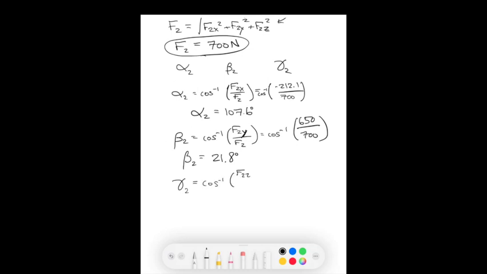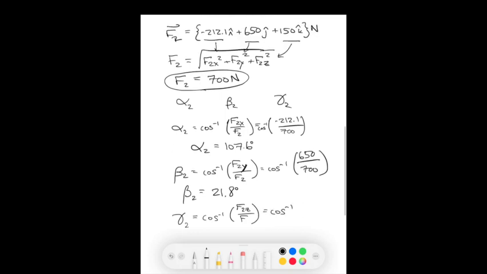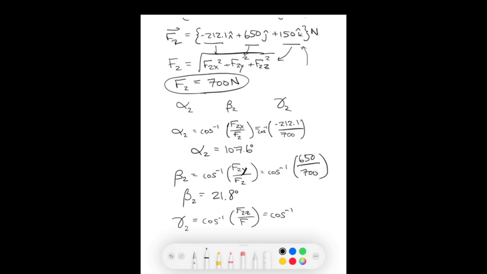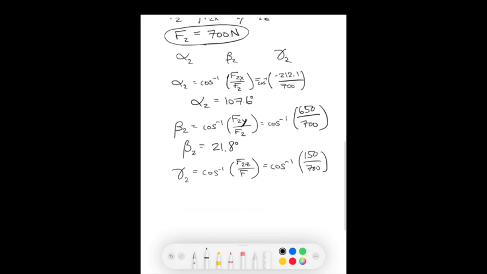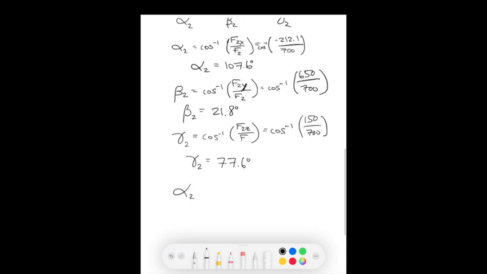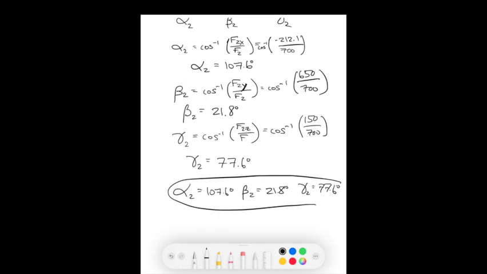Now we take the z component, plug in that value. Our z component was 150. So 150 over 700. Solve. We get 77.6. So we can write out our answers together here. Alpha is 107.6, beta 21.8, gamma 77.6, and we have our answer.